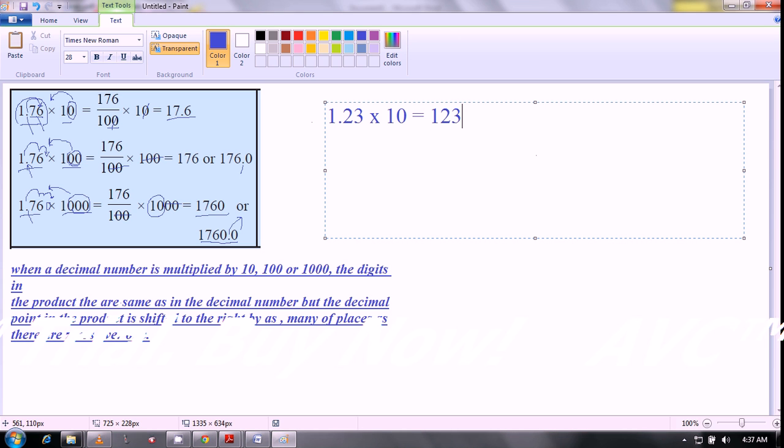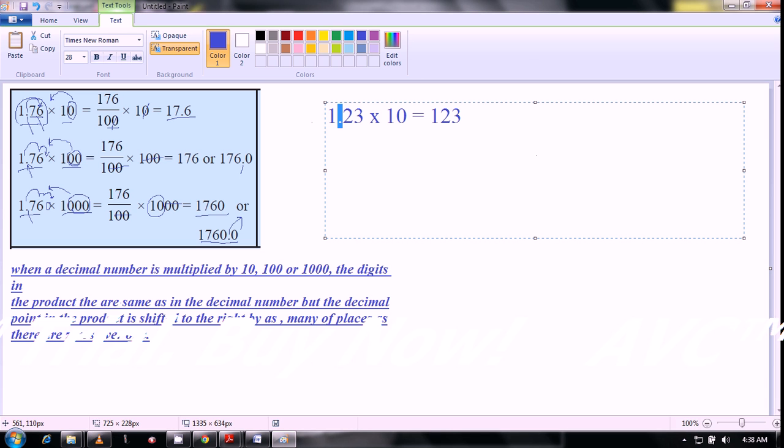Firstly we will write the digits as it is, 123 and then shift the decimal as many places as there are zeros. So this decimal will shift one position. Initial position of decimal is this. When it shifts one position to the right, the decimal point will come here, means after 2. This is the answer.